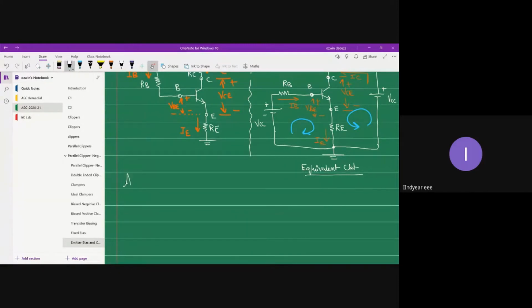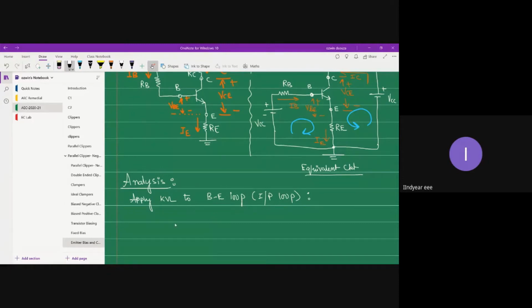Next you can write analysis. Write down: apply KVL to base emitter loop. As I said in the previous class, base emitter loop is nothing but your input loop. So when you apply KVL, what do you get?